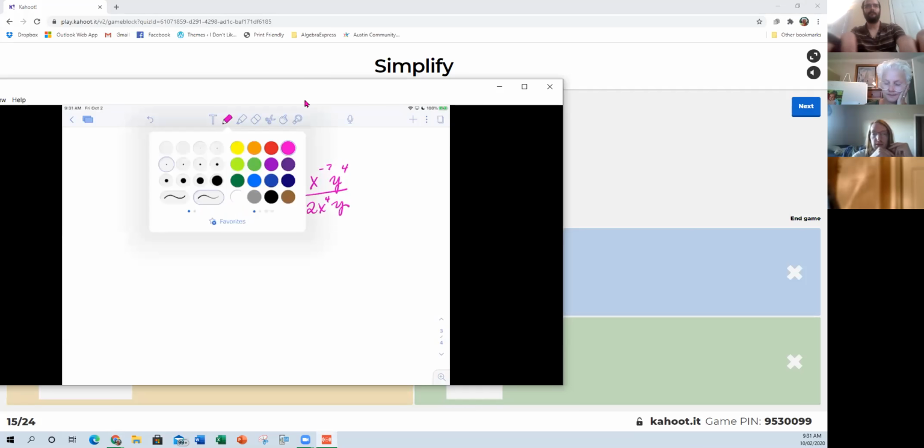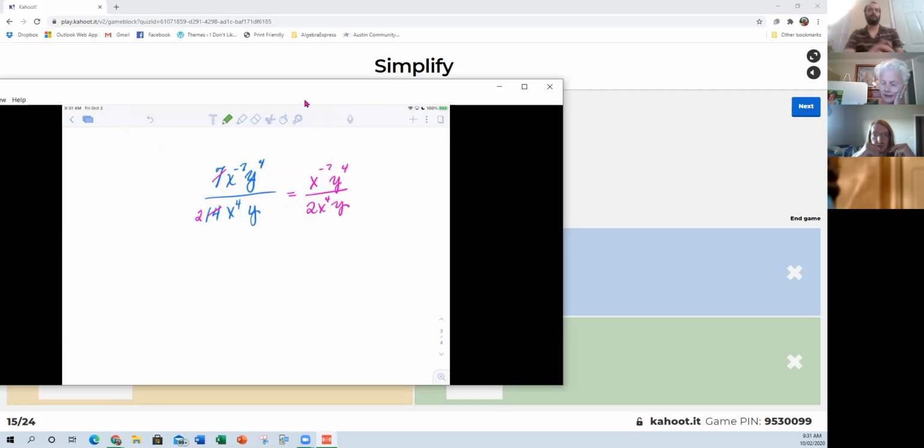And then I'm going to subtract the exponents on the variables that are common. So negative 7 minus 4 would give me x to the negative 11th. And 4 minus 1 would give me y to the 3rd.